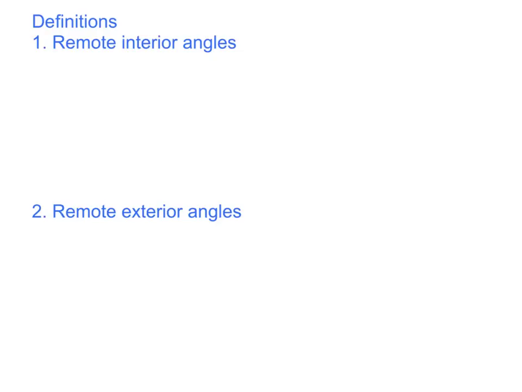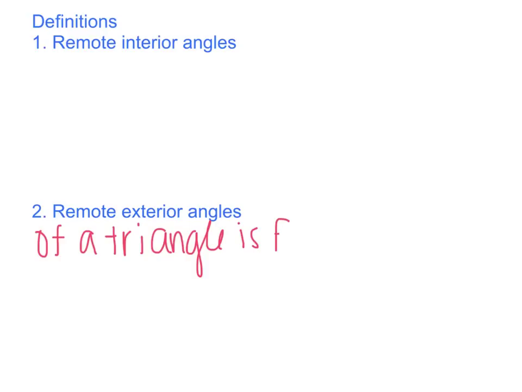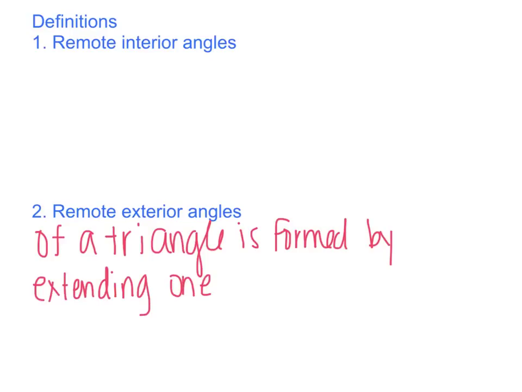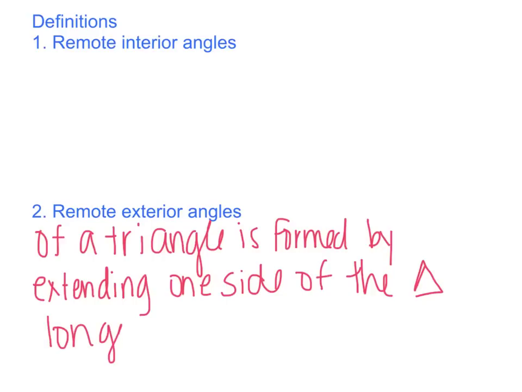An exterior angle of a triangle is formed by extending one side of the triangle longer.